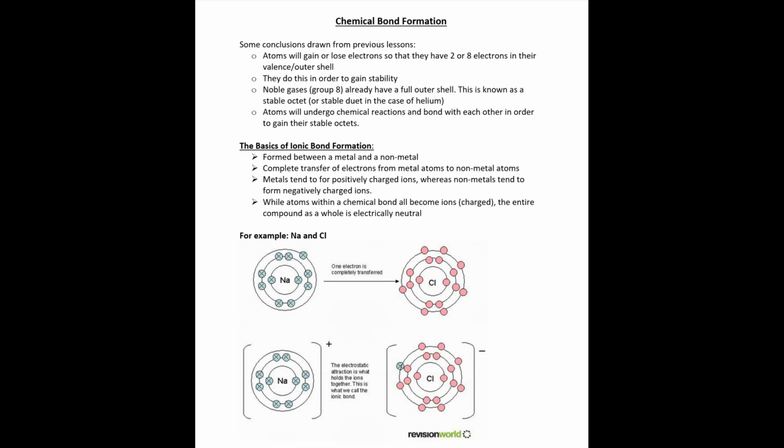The most stable elements, as you know, are the noble gases, which are the group 8 elements on the periodic table. They have a full outer valence shell, known as a stable octet, or in the case of helium and hydrogen, a stable duet, which is a maximum of 2 valence electrons in the outermost energy level, as opposed to the stable octet, which is a maximum of 8 electrons.